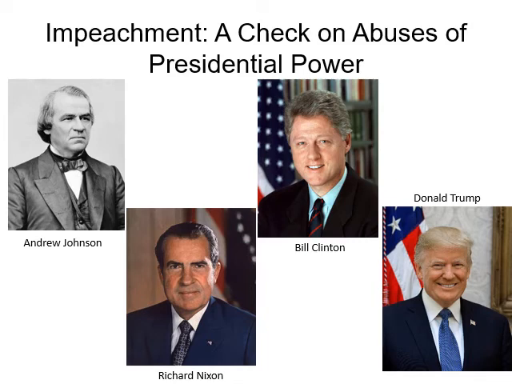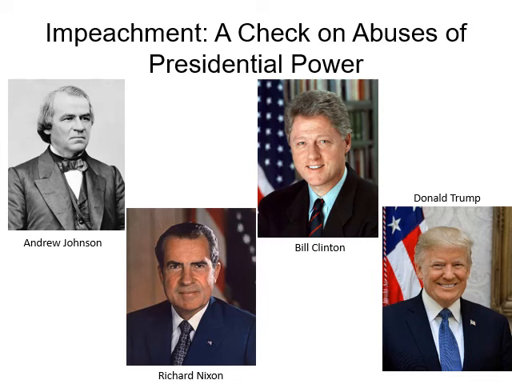And so the House of Representatives voted to impeach the president. So when the House of Representatives votes to impeach, they are formally accusing the president of committing some sort of crime or abuse of power and saying that he needs to be removed from office.